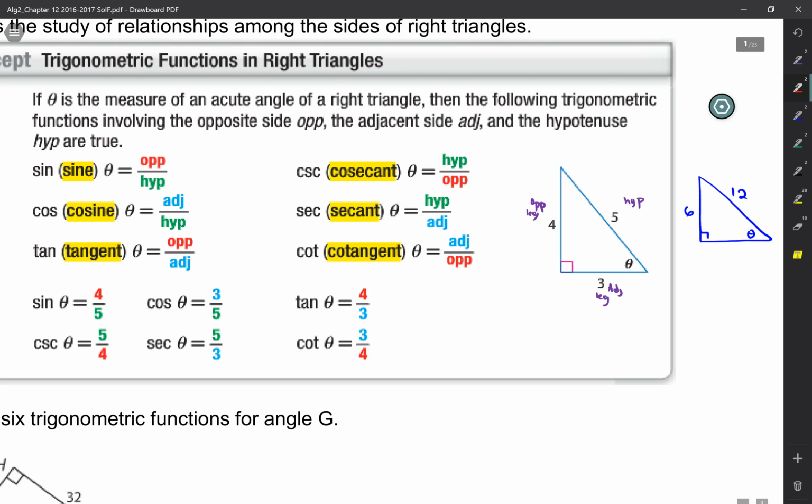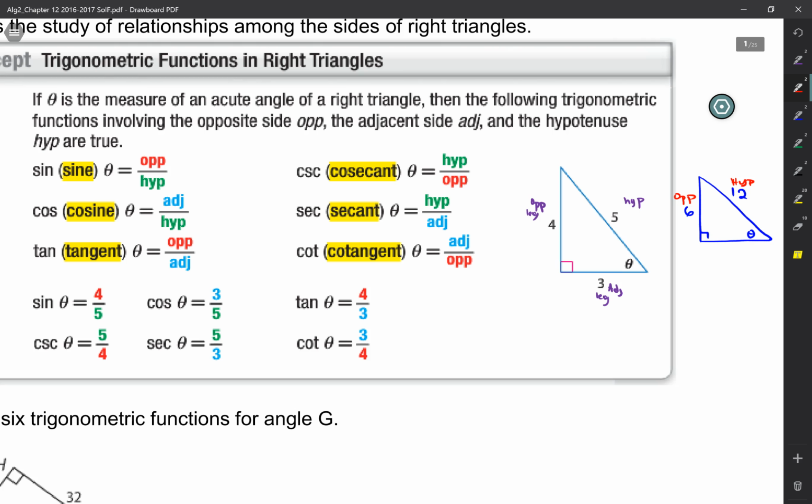So suppose I wanted to compare the lengths of the opposite side and the hypotenuse. So how do their lengths compare? If one is a 6, one is a 12, how do they compare? One is shorter. How much shorter? One is half of the other. That means the hypotenuse is how much of the leg? 2 times.